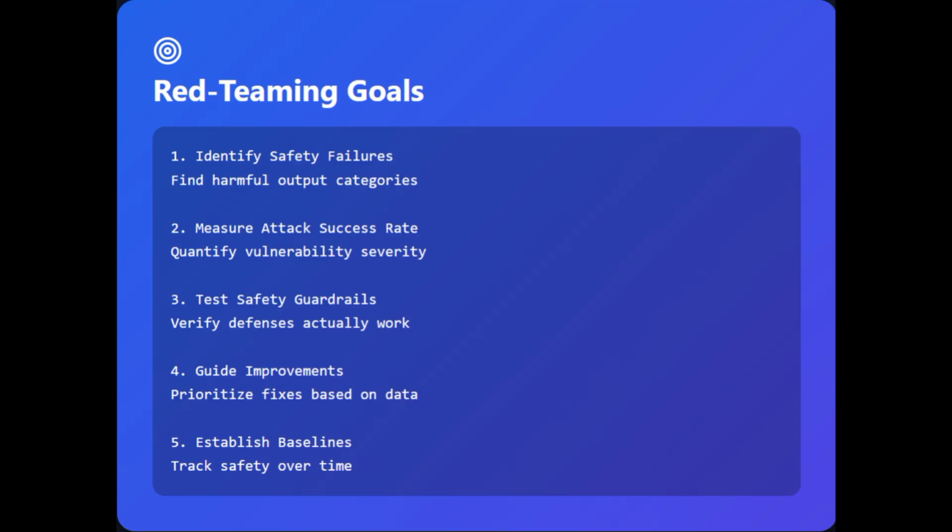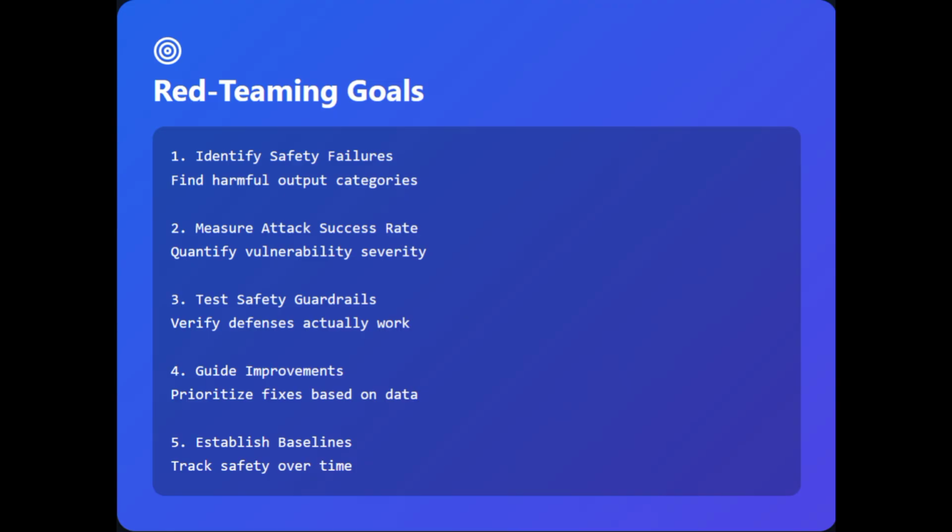The third one is to test that your safety guardrails actually do what they are supposed to do. The fourth one is to guide improvements with data, not guesswork. And the fifth one is to establish a baseline so you can track safety over time.